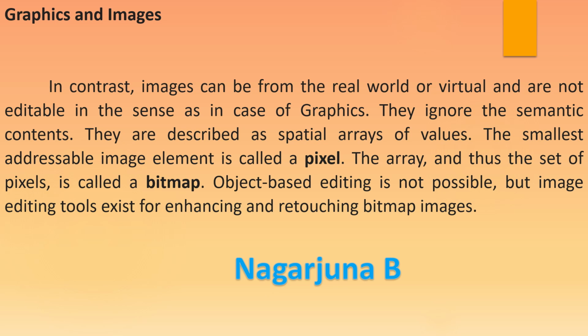The smallest addressable image element is called a pixel. What is a pixel? A pixel is the smallest addressable image element, meaning the smallest unit present in an image. The array, the set of pixels, is called a bitmap.